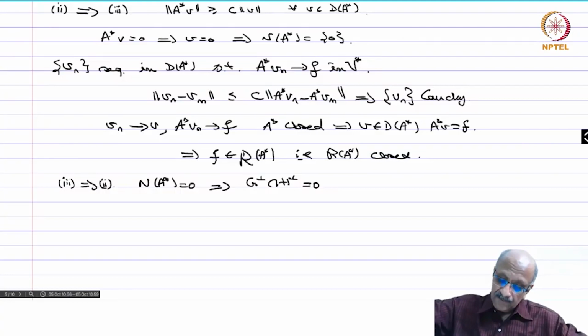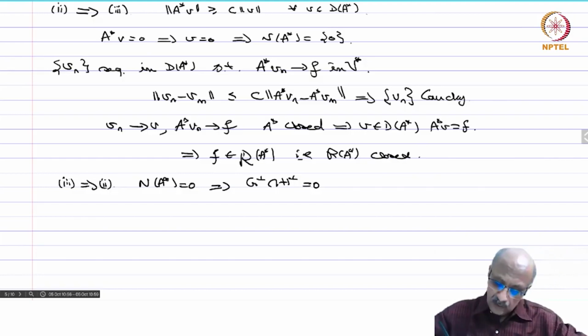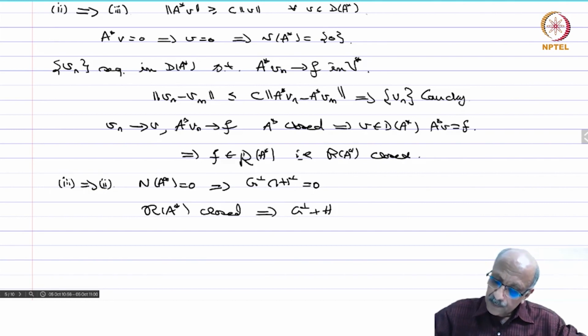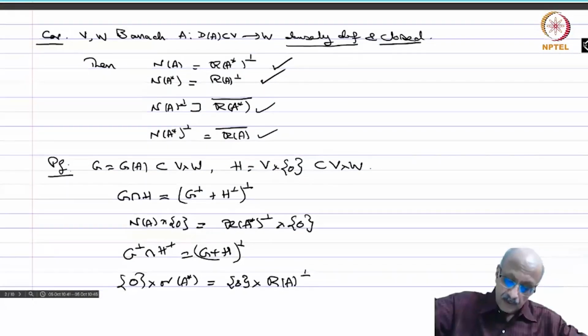And you also have that the range of A star closed implies G perp plus H perp is closed. Again, what is G perp plus H perp?